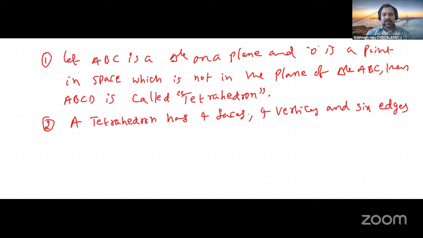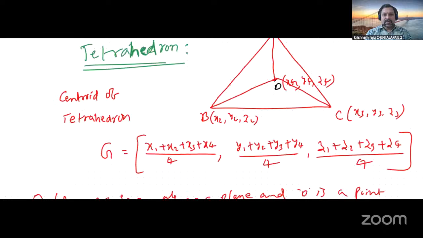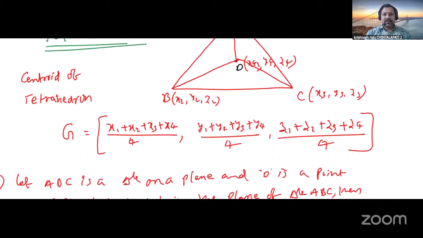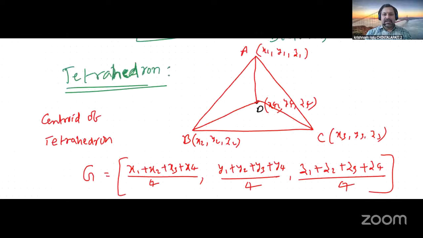So see here. So this is face one, right? DBC is face one. This is one plane. And ABD is another plane, ABD. And ADC is the third plane. And below is there, no? So the below side is called one more plane.